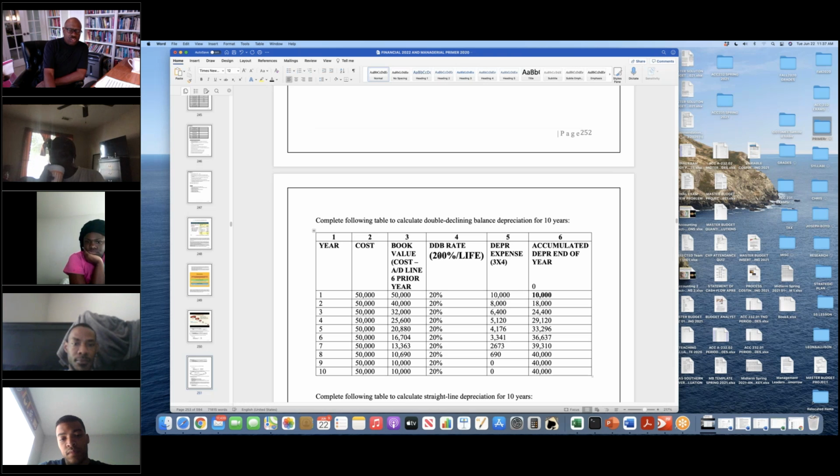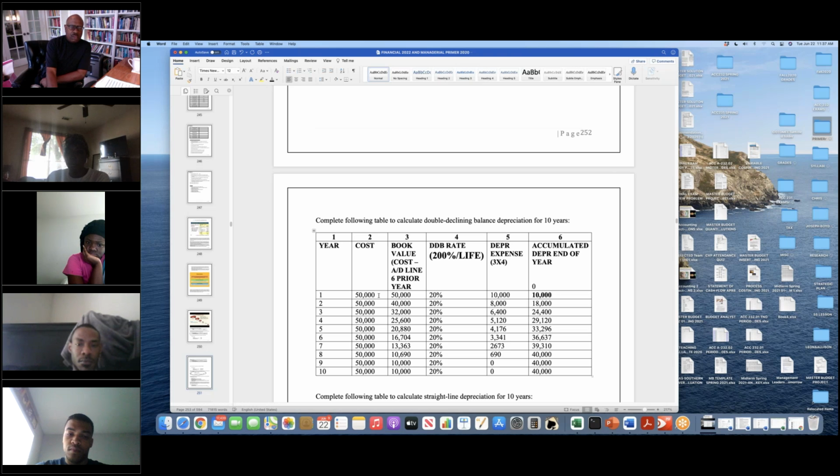The rate is 200% divided by the life, not 100% divided by the life, but 200% divided by the life. And so now we're writing off 20%. We take 20% of 50. We don't consider salvage. And so we get 10,000 as the expense. The accumulated depreciation is 10,000. So that's how the first year looks.